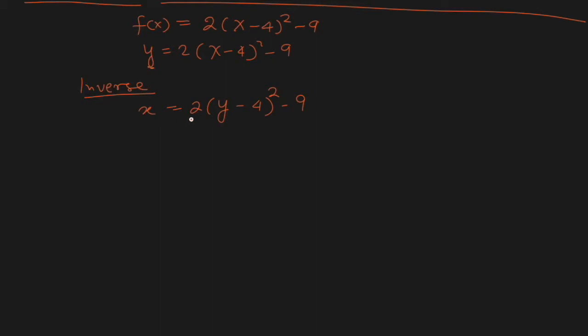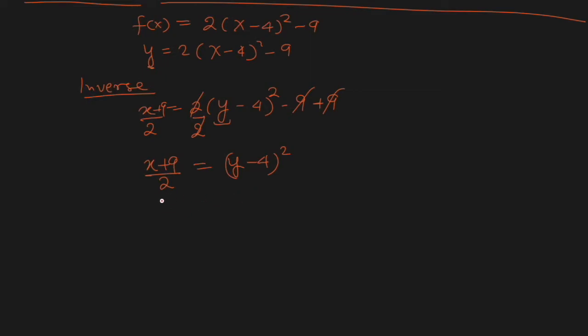Now, to get rid of this negative 9, we will add plus 9 on both sides so that this negative 9 is gone, because our target is to isolate this y. Second step should be to get rid of this 2. Divide this side by 2. We divide the other side also by 2, so that 2 and 2 cancel out, and we are left with (x plus 9) over 2 equal to (y minus 4) squared.